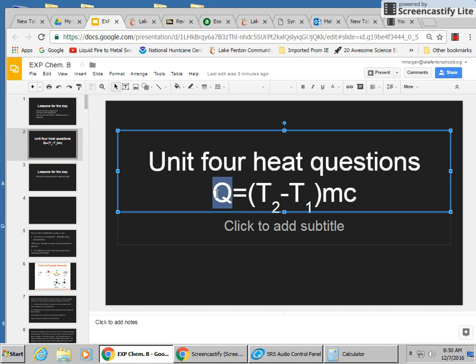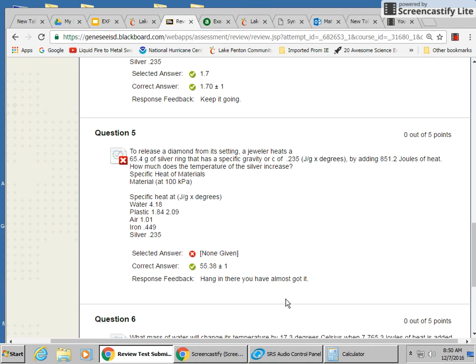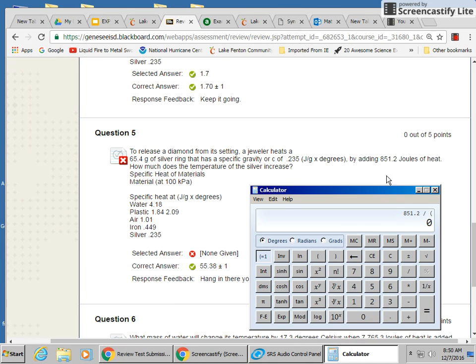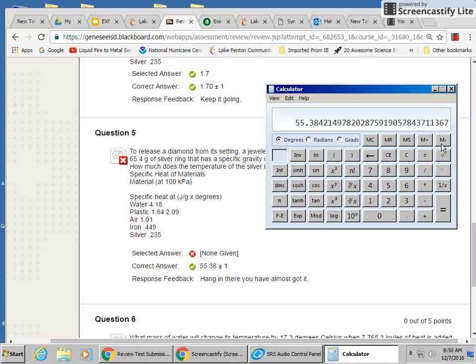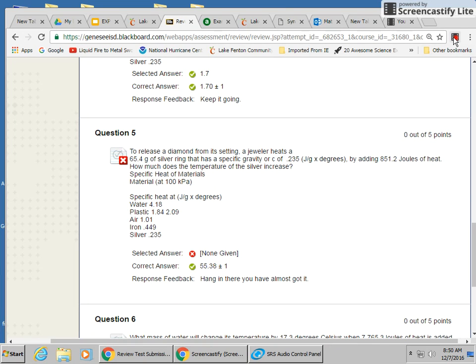Then we just take Q divided by MC, and that gives us delta T. So on here, we're going to take our Q, which is 851.2, and divide that by M, which is 65.4, and multiply that by 0.235, and that gives us the correct answer. Pretty simple, huh? Okay.